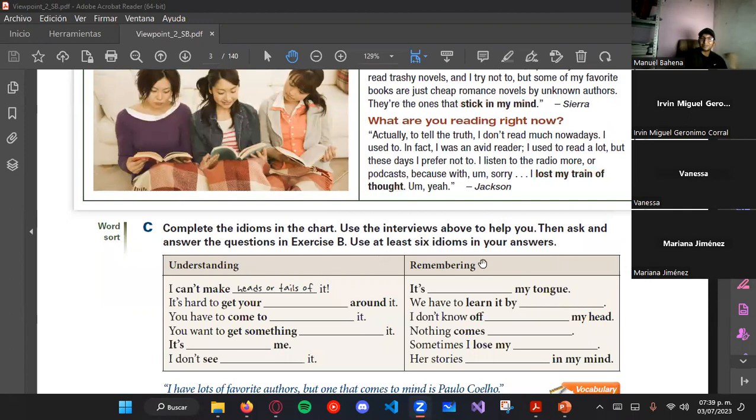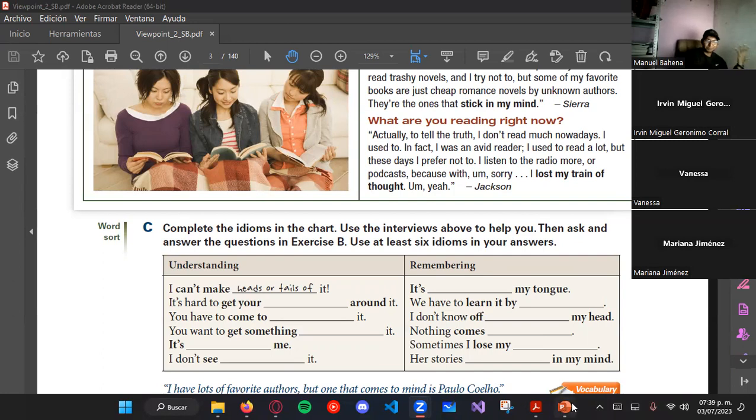How do we call idioms in Spanish? It's not idiomas. Modismos. Yes, exactly. And as you may know, in Spanish, we also have those.